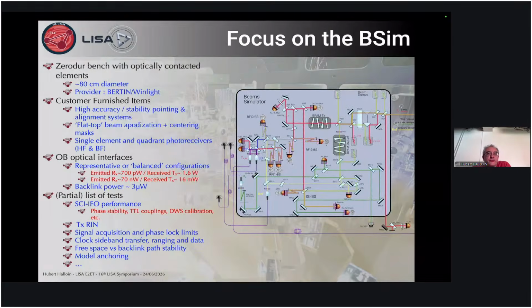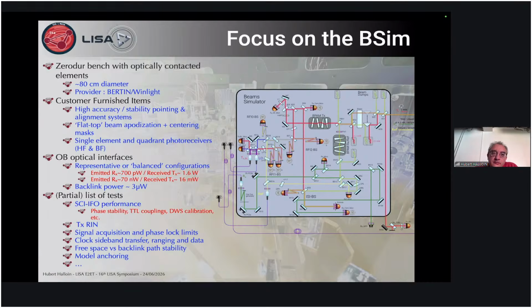So let's make just a quick focus on the beam simulator itself. Basically, the beam simulator will be a zero-dur bench with optically contacted elements, which will be about 80 centimeters diameter. It is mostly provided by a private company, Bertin, but on which the different labs are providing what we name customer furnished items, basically high accuracy and high stability pointing and alignment systems that are required to align the beam simulator with respect to the optical bench.